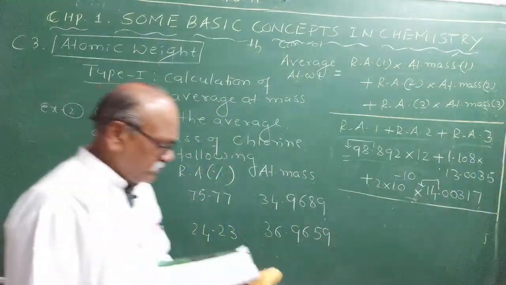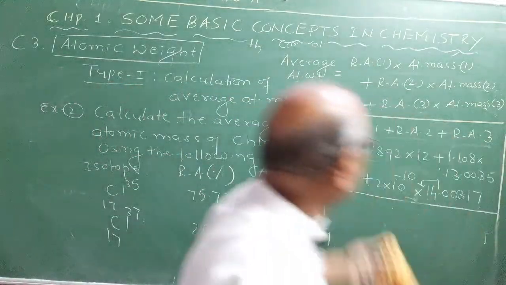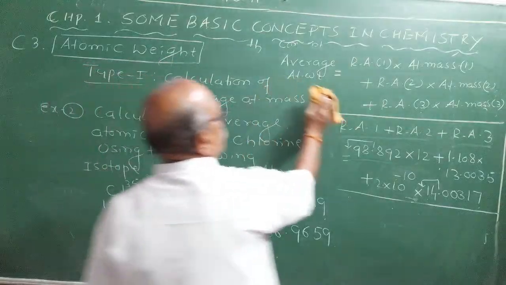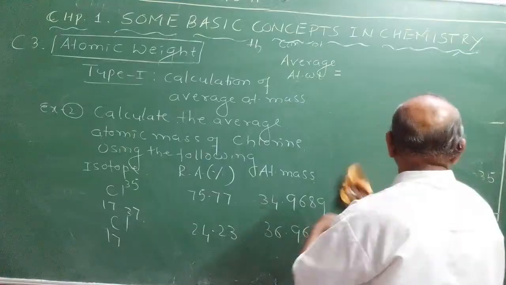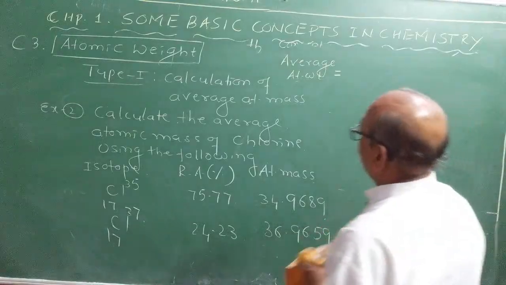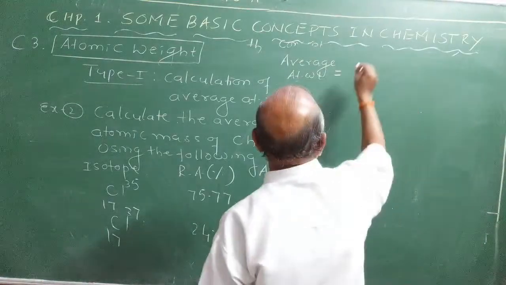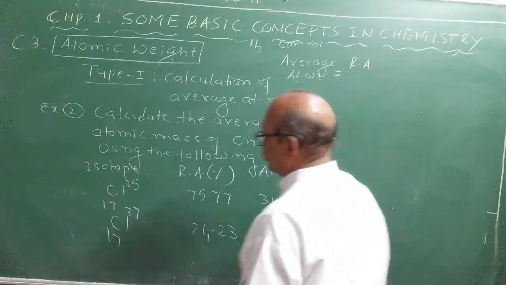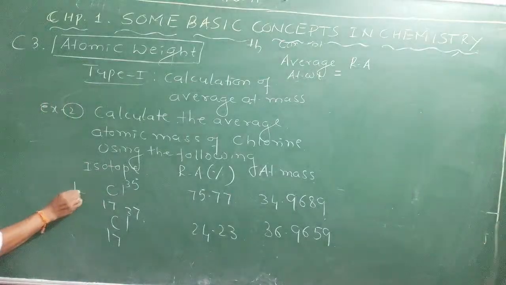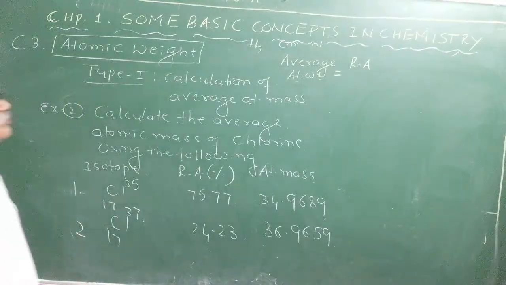Now try this one. You have the formula. What is the formula? Average atomic mass is equal to, yes, relative abundance of how many isotopes are there? Isotope number 1, isotope number 2.